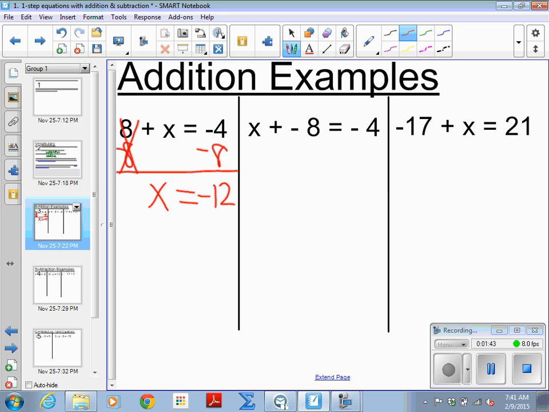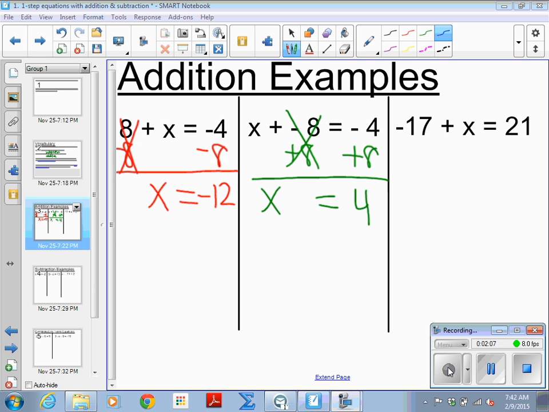Now the next one, with x plus negative 8 equals negative 4. Again, the goal is to get x equals something. So, we get rid of negative 8. Well, the opposite of minus 8 is plus 8. If the 8's go away, negative 4 plus 8 equals 4.